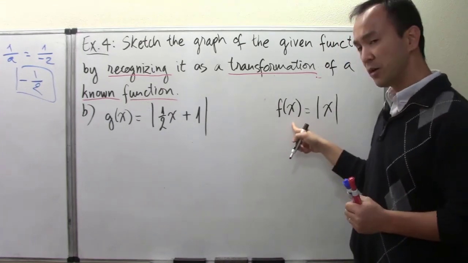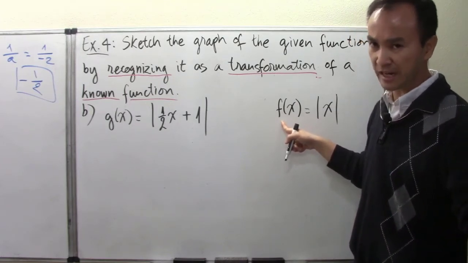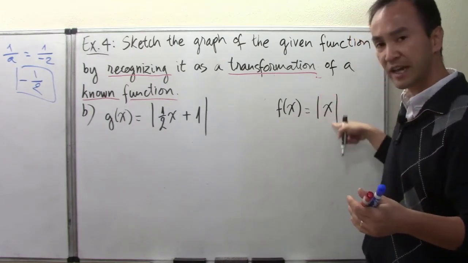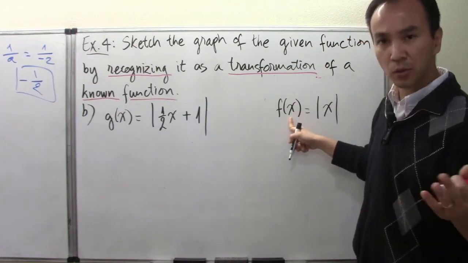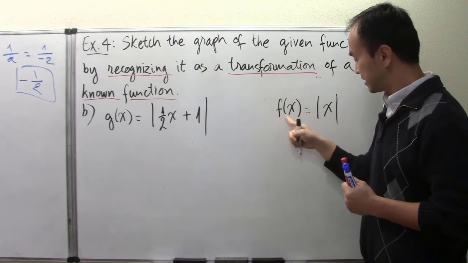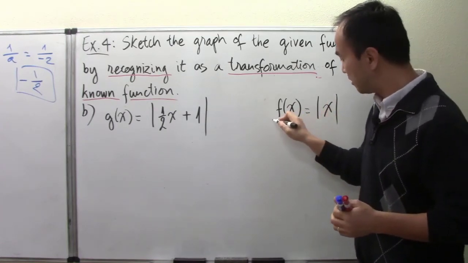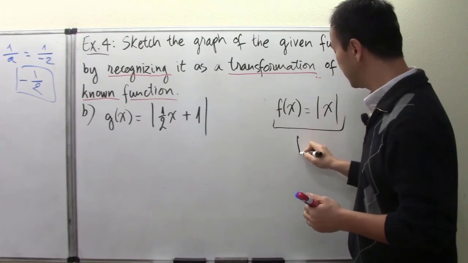The rule can go as basic as whatever function we call it f, okay? The rule says take the absolute value of whatever input. And so now this function here is known.